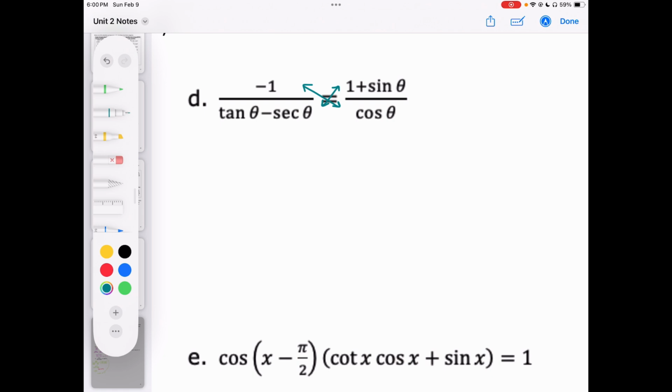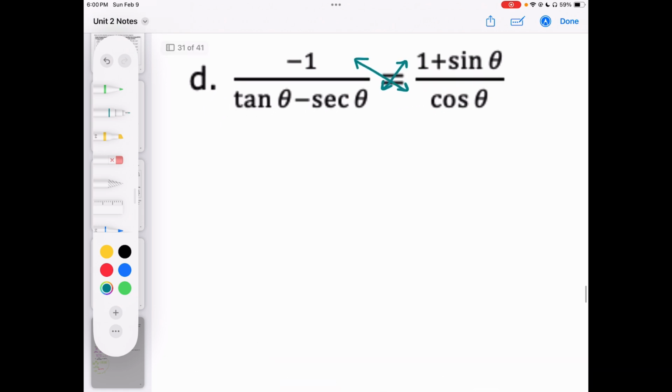So let's try that. I'm going to have negative cosine theta equals 1 plus sine theta times tangent theta minus secant theta. That doesn't really look much better, but let's just see what happens.